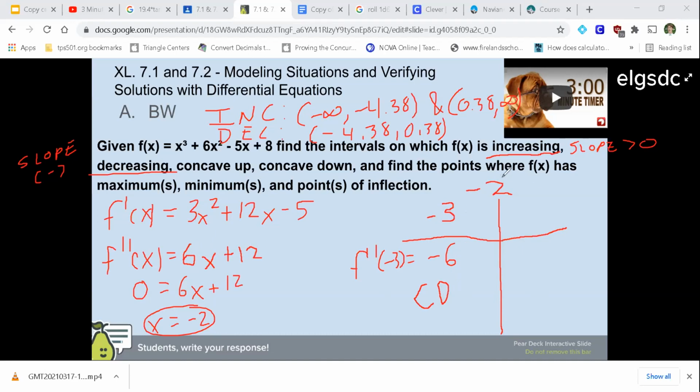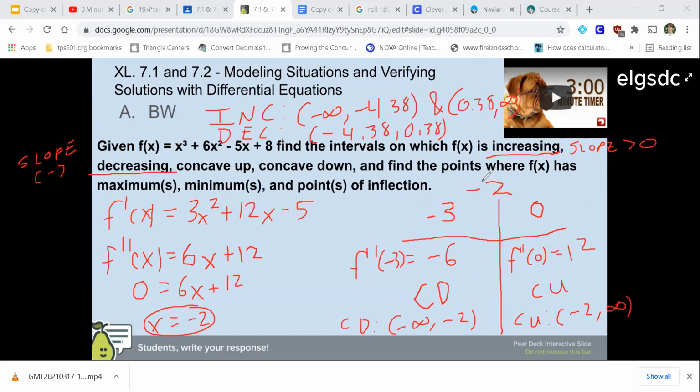Okay, what's an easy number to test that's bigger than -2? 0. What's f double prime of 0? Yeah, just 12. So that means we're concave up. So then we're concave down from -infinity to -2, and we're concave up from -2 to infinity.